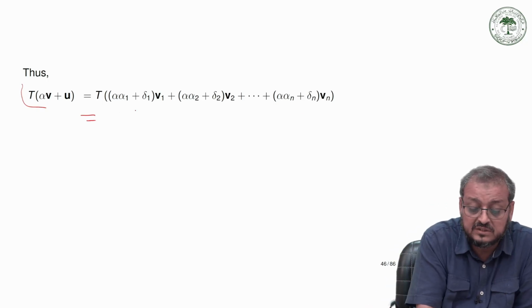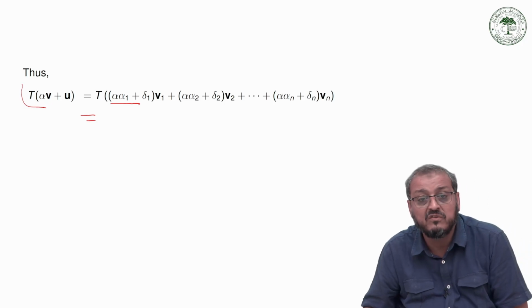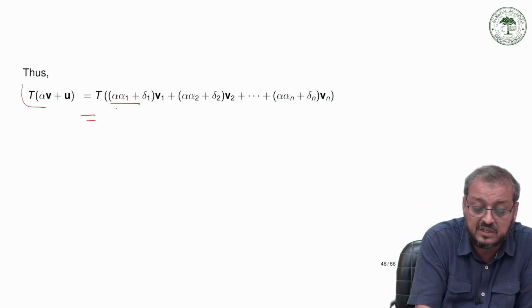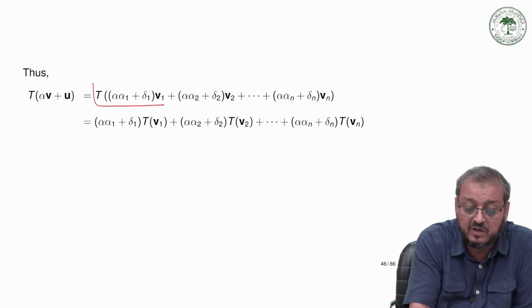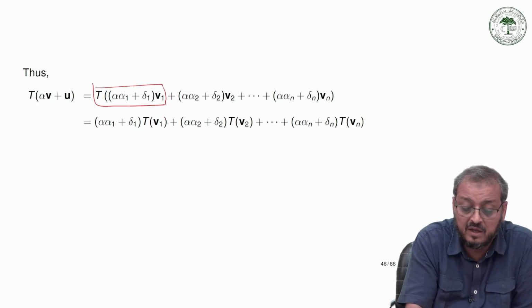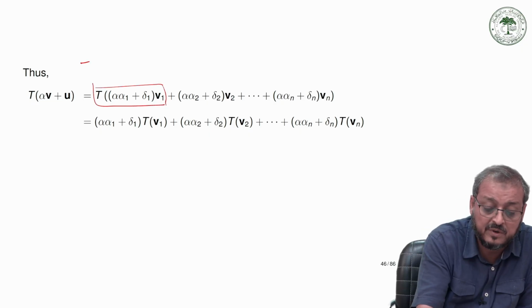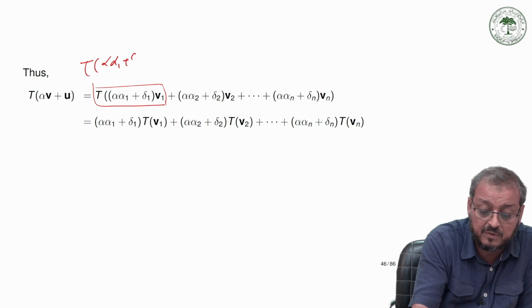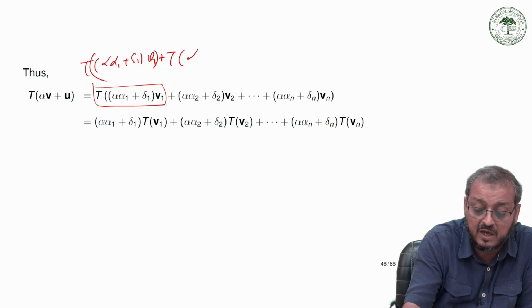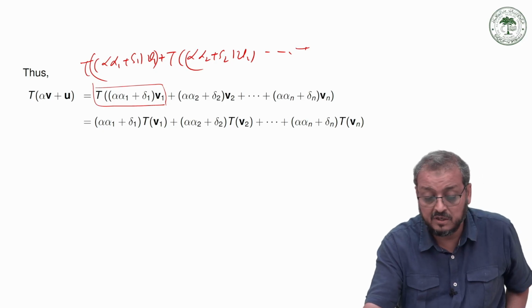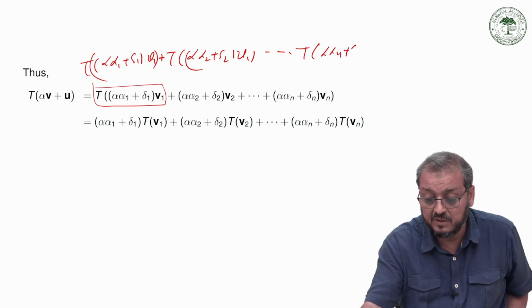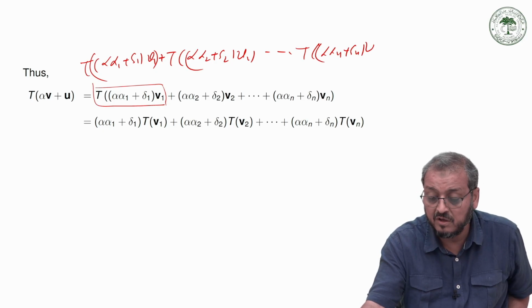Now, since T is linear, by the linearity of T this whole thing can be written as T of alpha 1 plus delta 1 V1, plus T of alpha 2 plus delta 2 V2, and so on, plus T of alpha n plus delta n Vn.